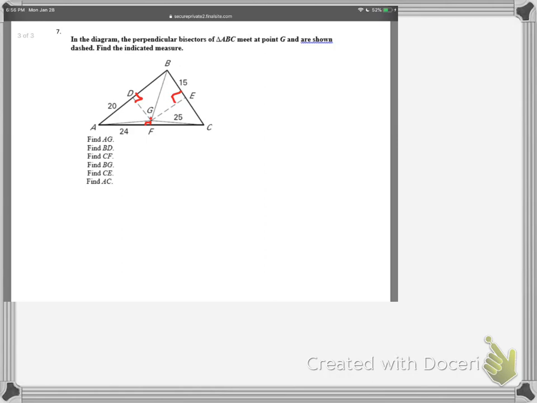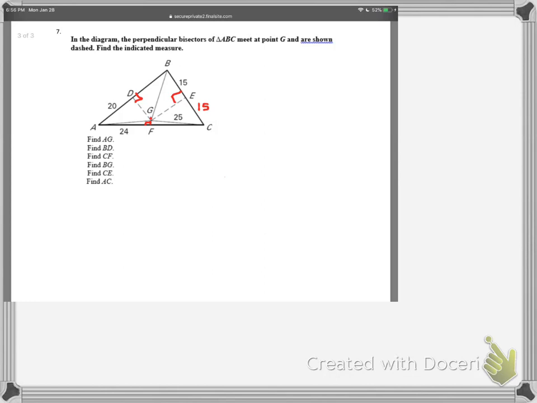Okay, the next thing I have is the bisector result. If BE was 15 and the segment's been bisected, then I know that EC is also 15.